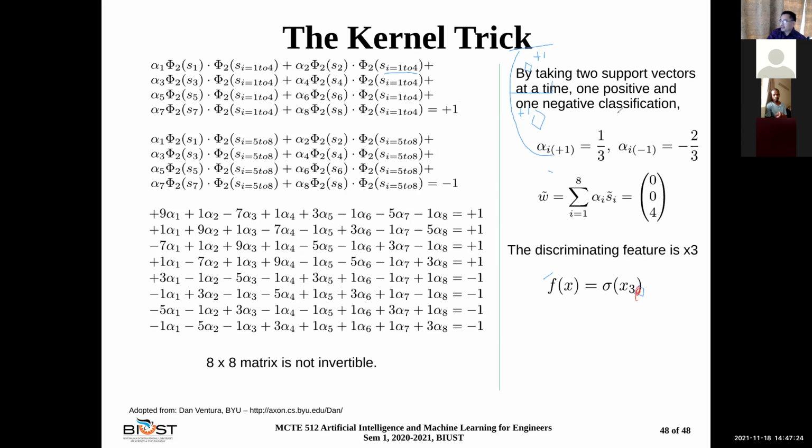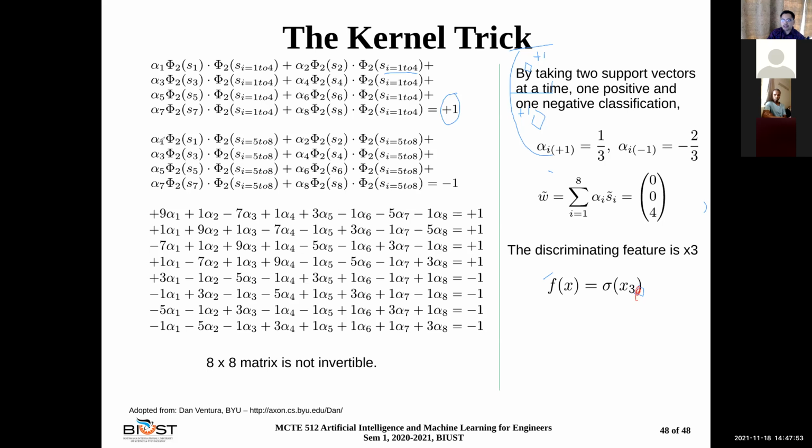Because, remember here, these blue diamonds are the positive classifications. So we consider only those as support vectors. There are 4 of them, S1 to S4. That means you have all these equations for S1, repeat the same equation for S2, for S3, for S4 with a positive classification.